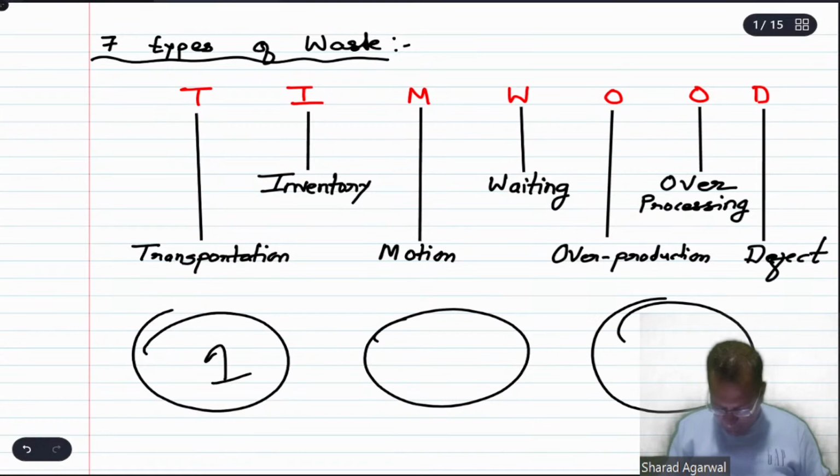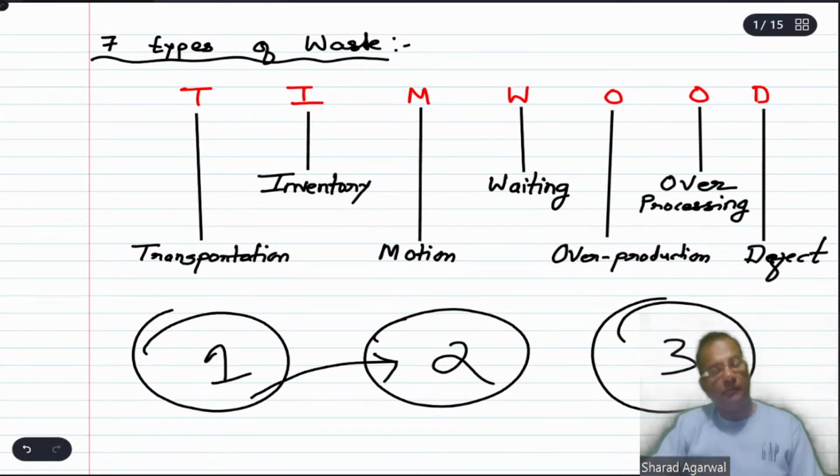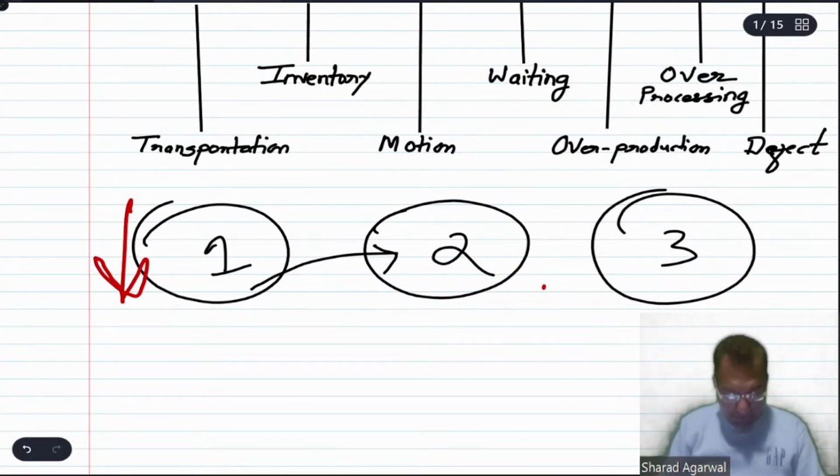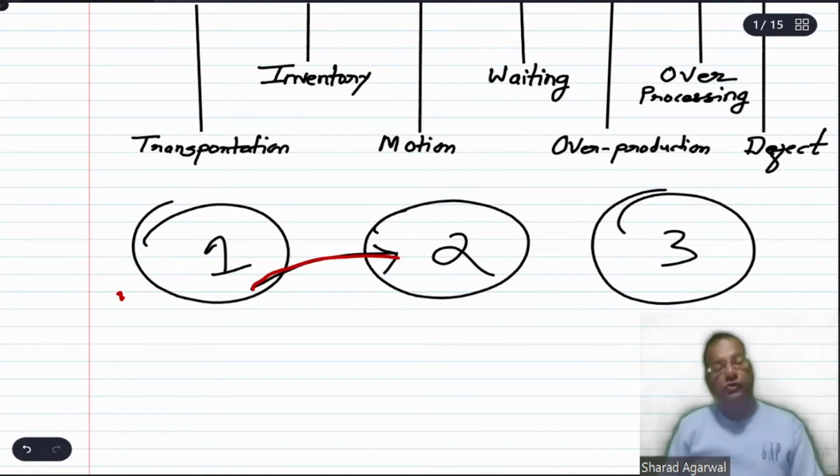This is department 3. So the output of department 1 is input to department 2. So unless and until department 2 gets an input from department 1, it cannot process that one.